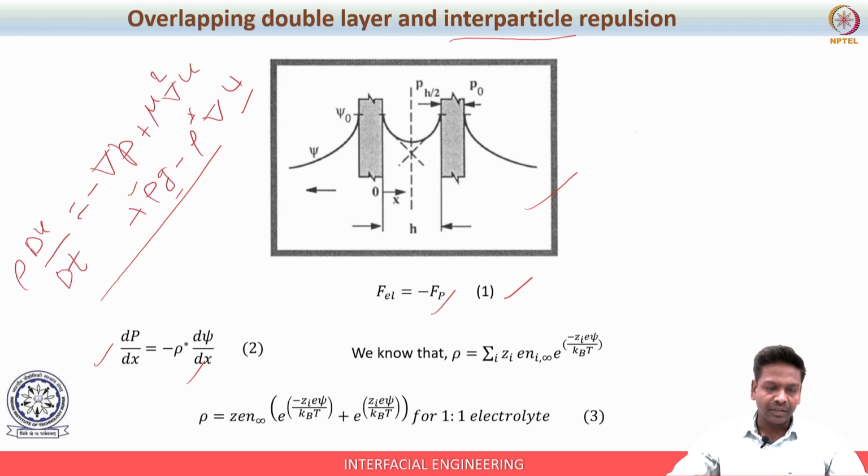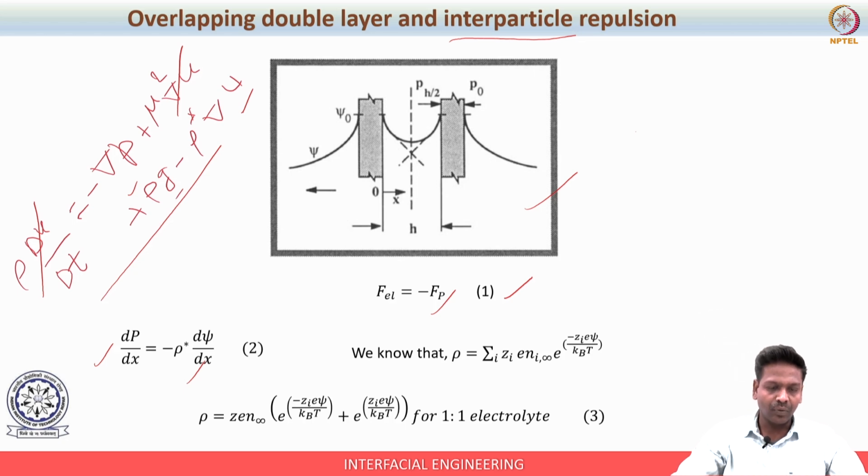Because we are talking about the case where equilibrium is attained, or both plates are kept at a distance where they are stationary, there is no fluid flow, so any term associated with the velocity u can be neglected. If the gravitational body force is far lesser than the force due to the electric field, we can also ignore it for this problem.